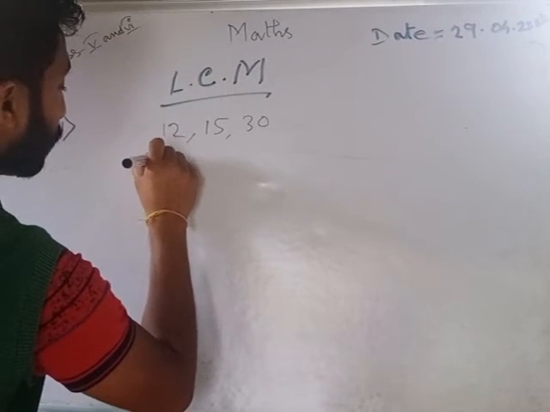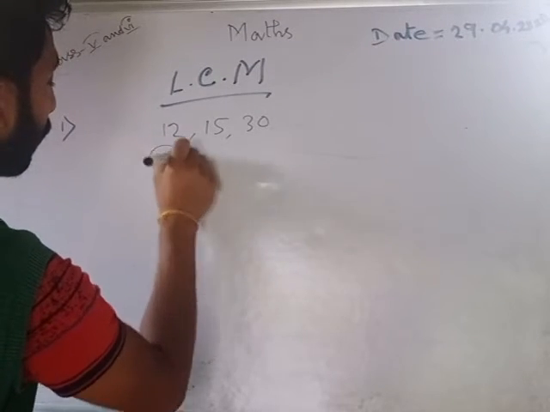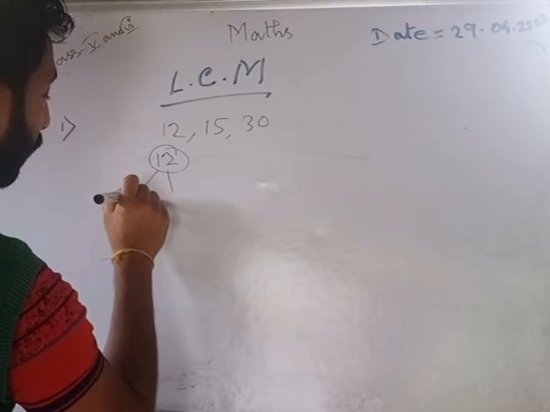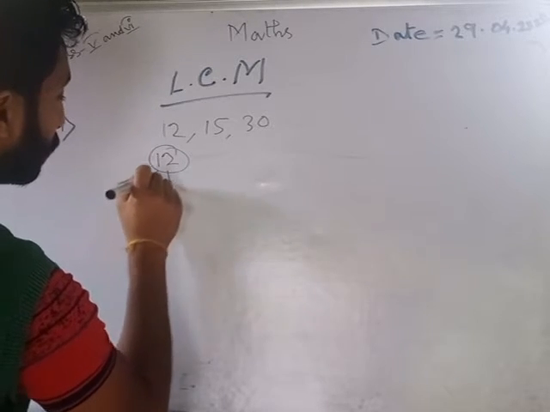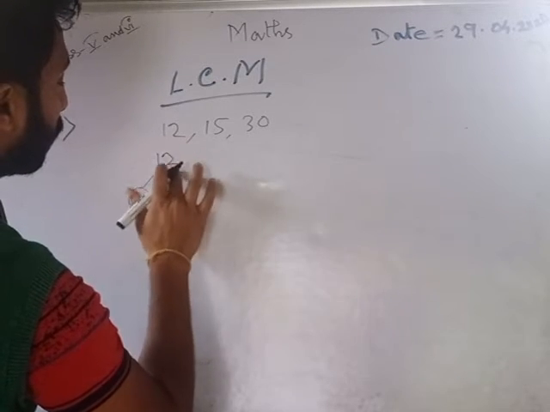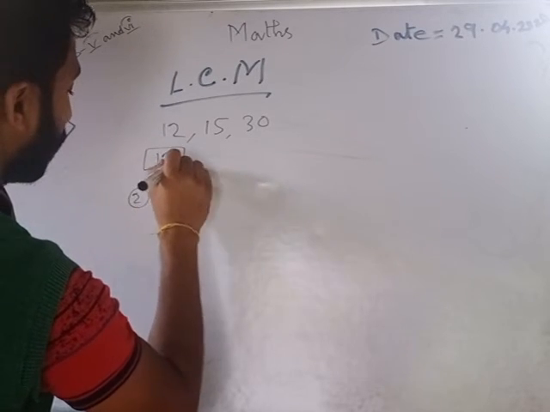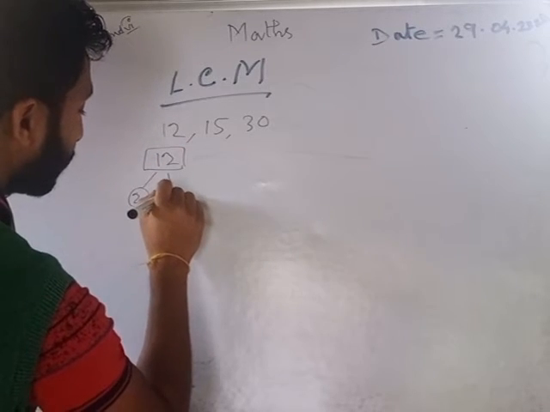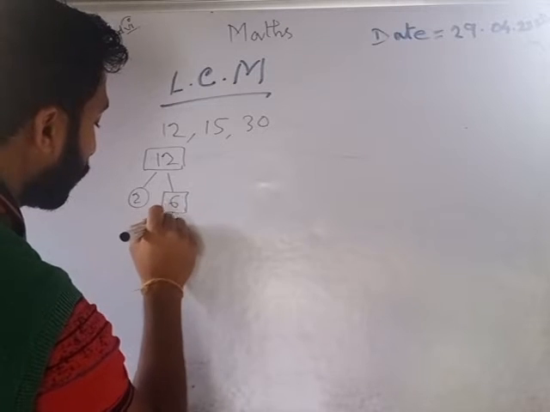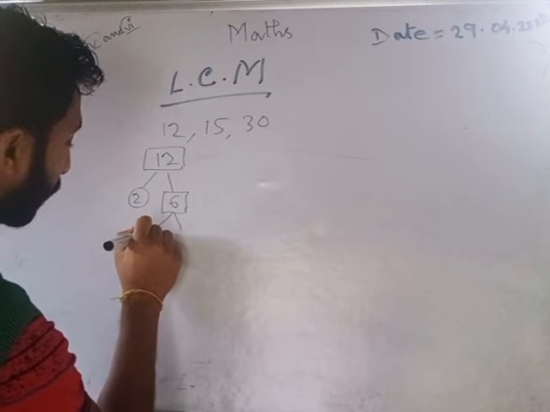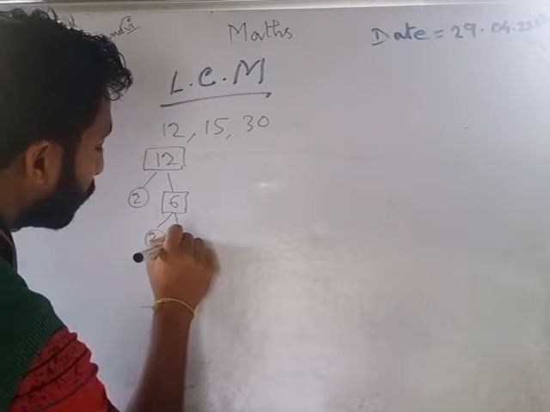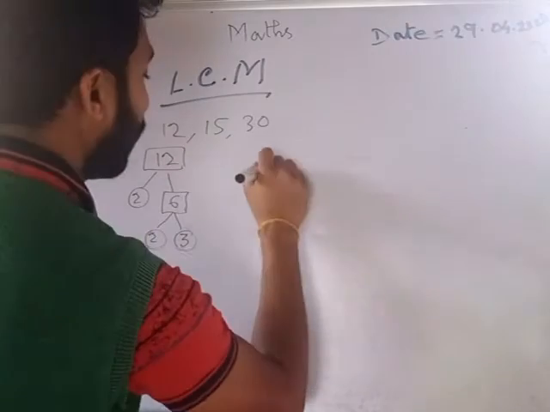At first we should take 12, and 6. 6 also divides by 2 and 3. After that 15.